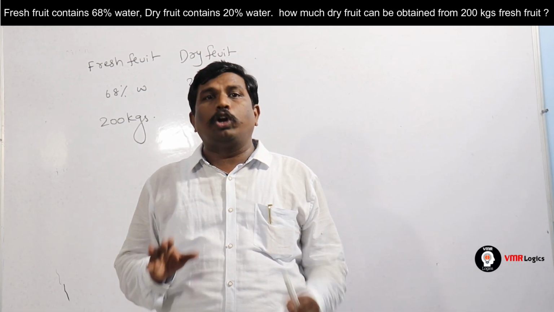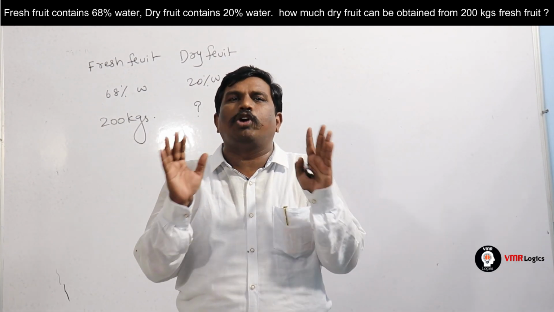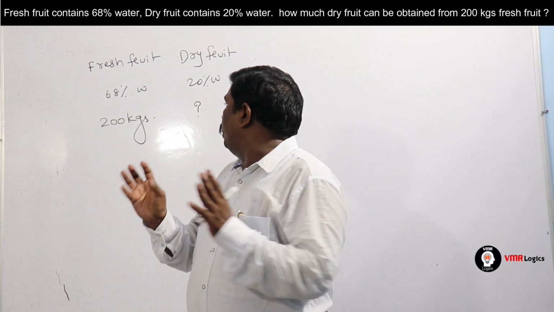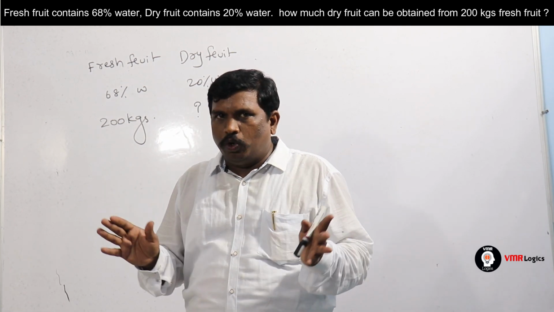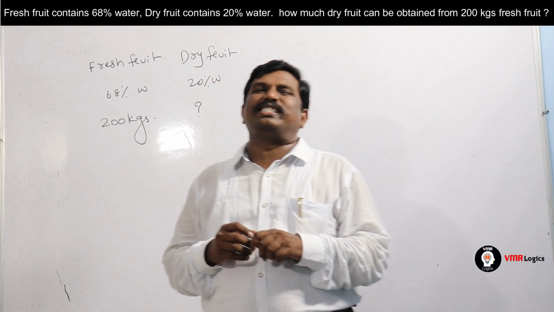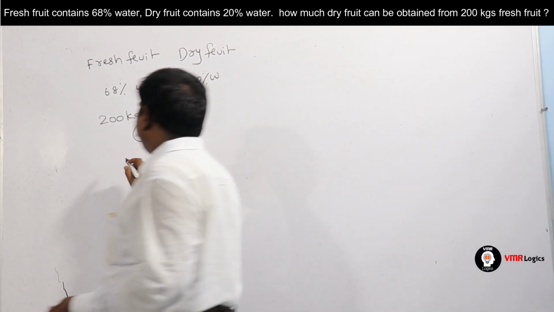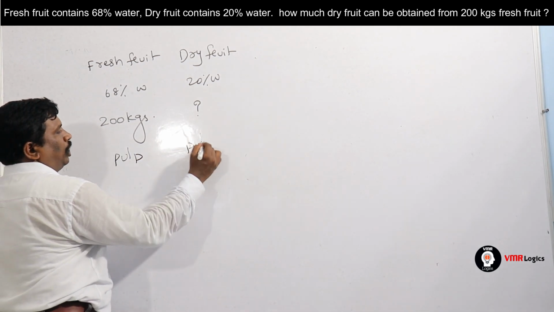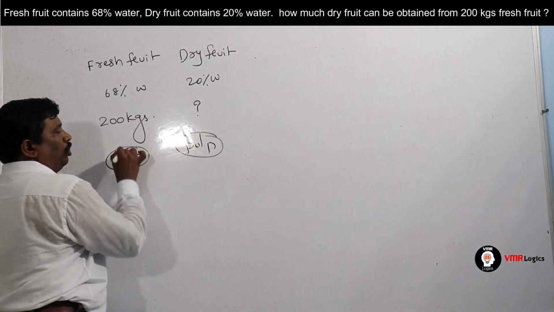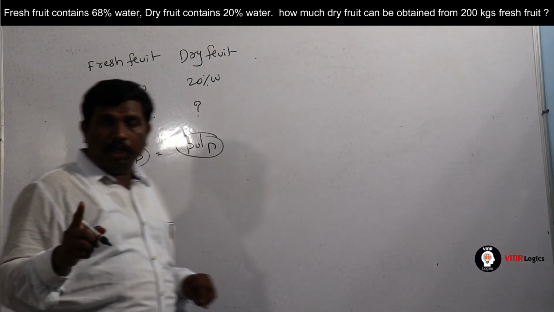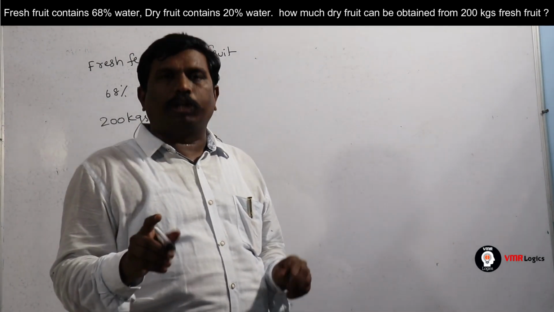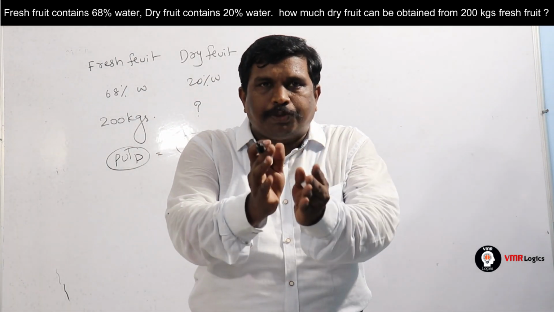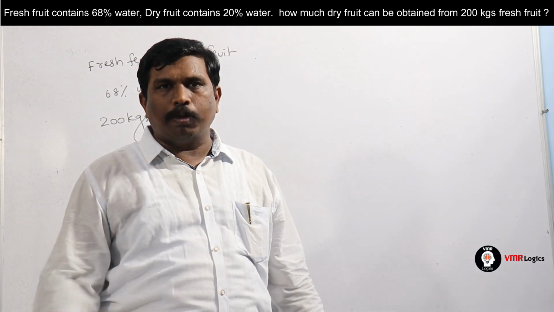You are not removing any pulp; you are removing only water, right? The pulp is the same. I hope you can say very clearly that pulp is constant. The same pulp that was there initially is also here. Yes or no? You are not removing any pulp, nor adding any pulp. With the grapes given to you, you are preparing a dry fruit. That means the pulp is the same.